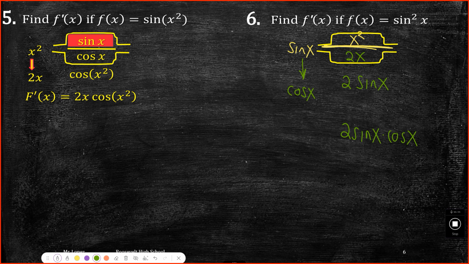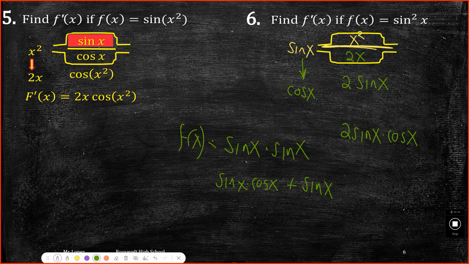Could it work? What you could actually do, look, you could do the product rule. Couldn't you do the product rule? If I wanted to do this quickly, f of x equals sin x times sin x. Why not? This is a function, that's a function. The first times the derivative of the second, plus the second times the derivative of the first.